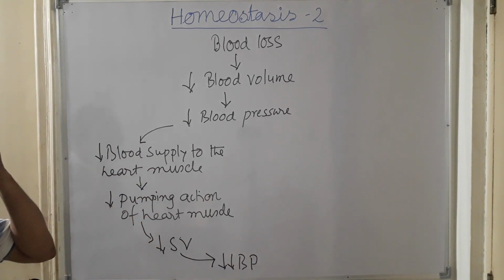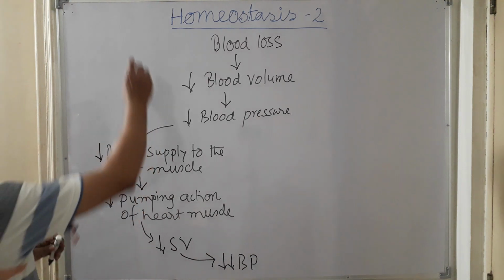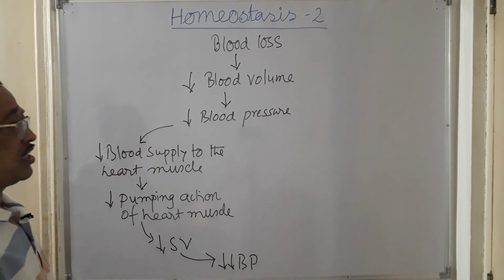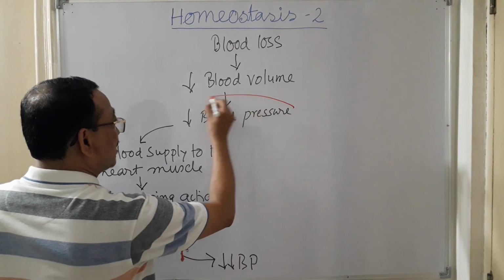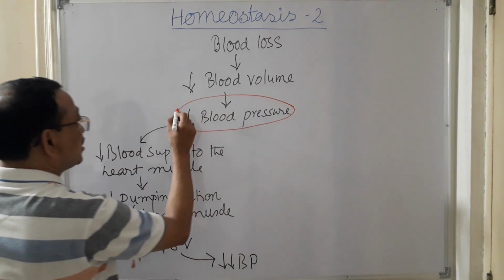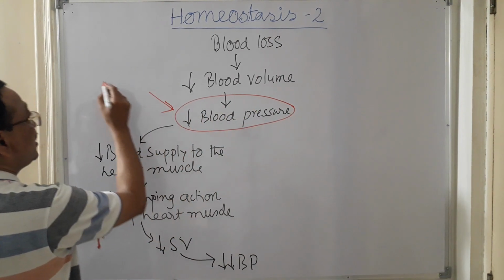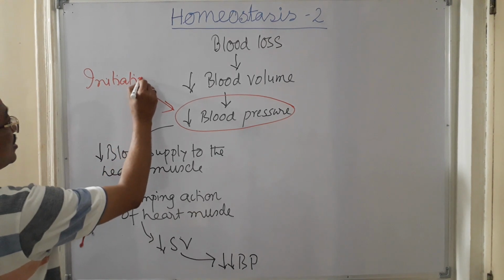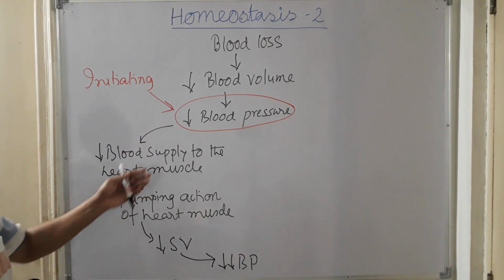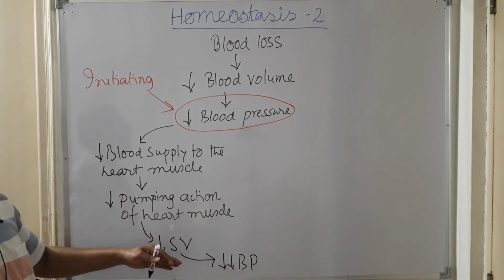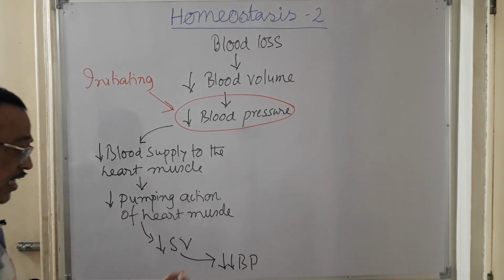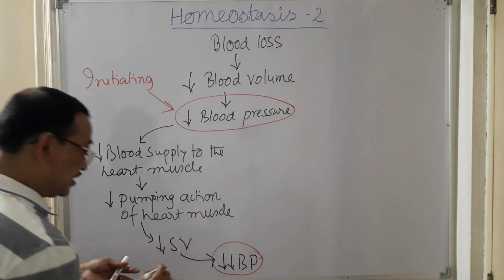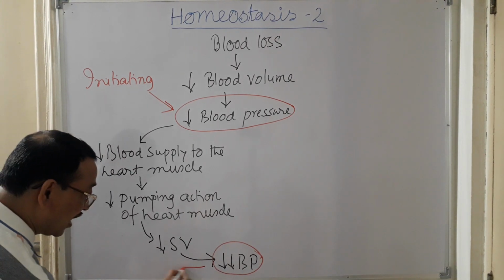So here, in this example, the fall of the blood pressure initiates some changes in the body, which is known as the initiating stimulus. This stimulus leads to some changes within the body, and because of that there is a further fall of the blood pressure. So this is the effect, or the final response.